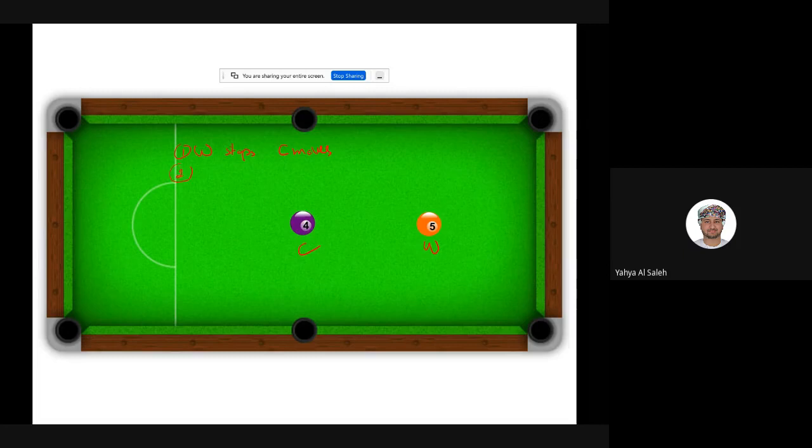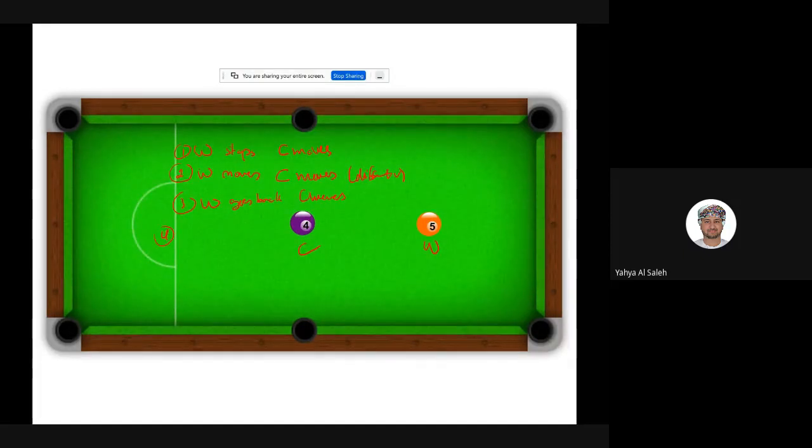Option two, white moves, color moves, different V. Option three, white goes back, color moves.